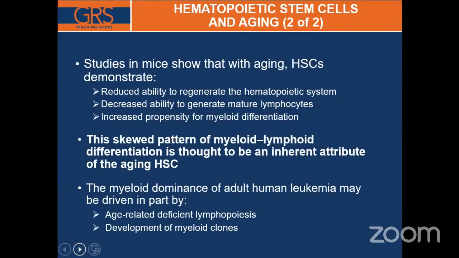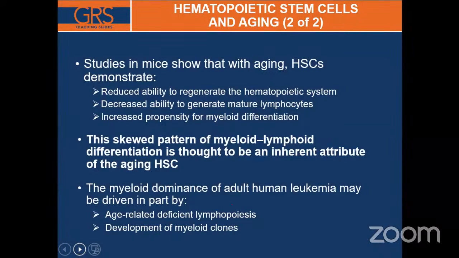Studies in mice showed that aging hematopoietic stem cells demonstrate first a reduced ability to regenerate the hematopoietic system and a decreased ability to generate mature lymphocytes. In contrast to the reduction in lymphoid input, aging hematopoietic stem cells show an increased propensity for myeloid differentiation.